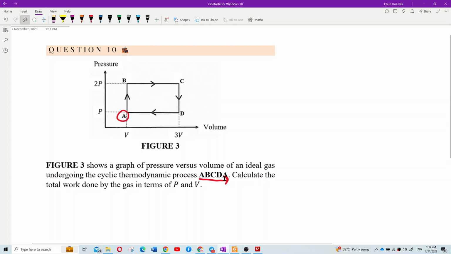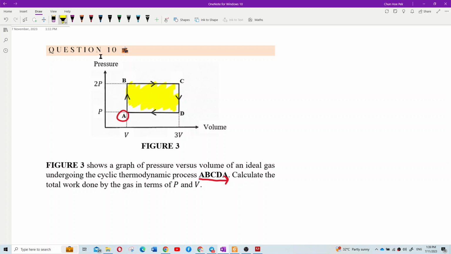Okay. Now calculate the total work done of gas in terms of pressure and volume. Calculate the total work done. Total work done. That means area under the graph lah. What I can say is the work done actually normally is the one enclosed lah.